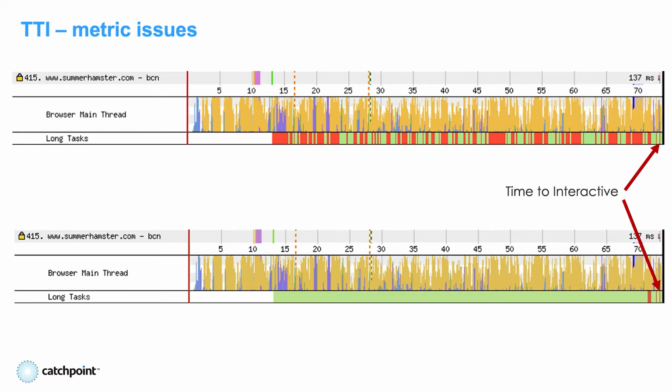Unfortunately, in the second case, where the main thread was completely interactive that whole time, even though it's doing a lot of work, it would respond to user input really, really quickly, but right at the end, it happened to have something that ran longer than 50 milliseconds, and so you'd still have a 75 second time to interactive.